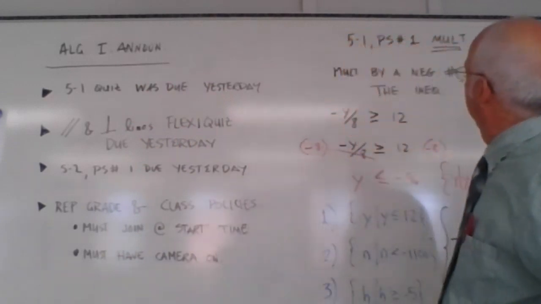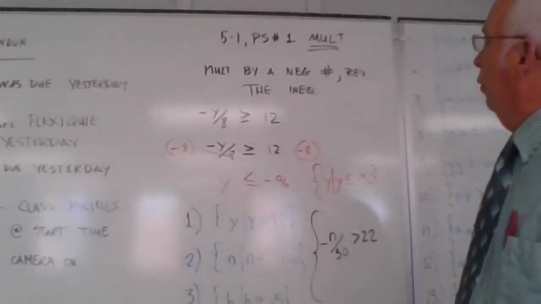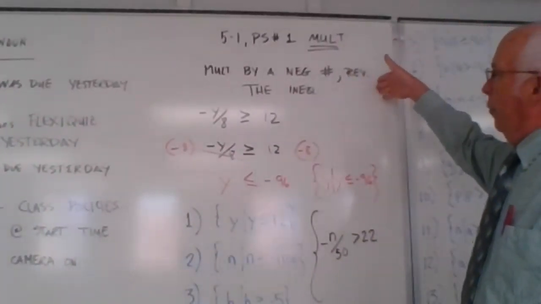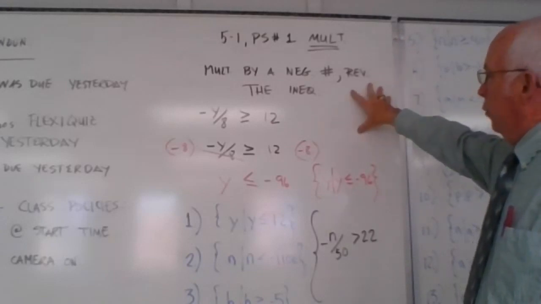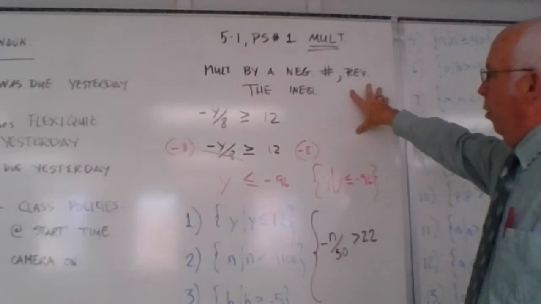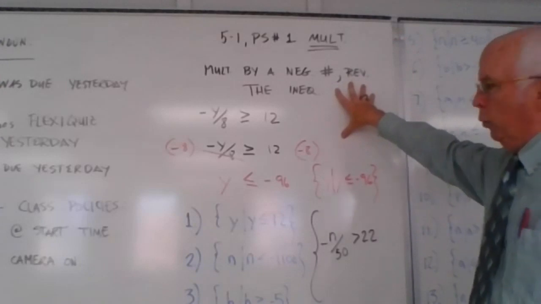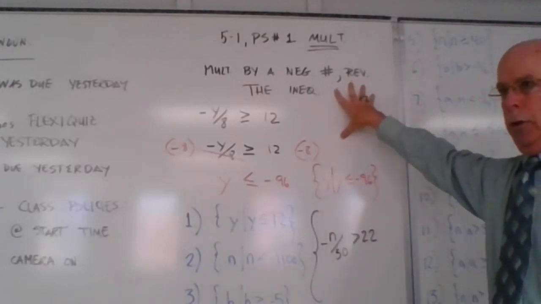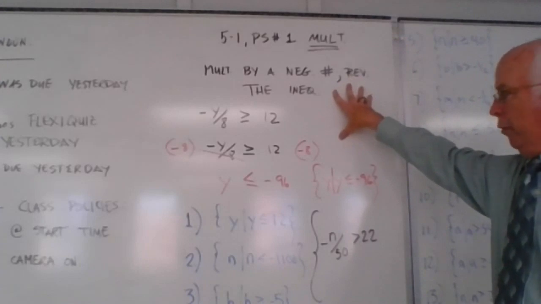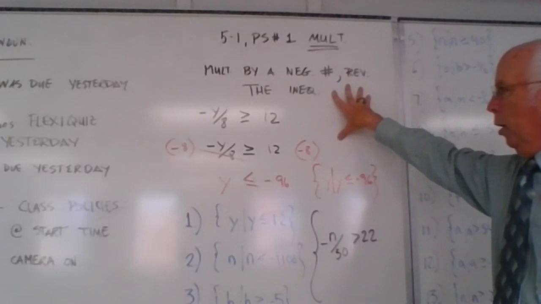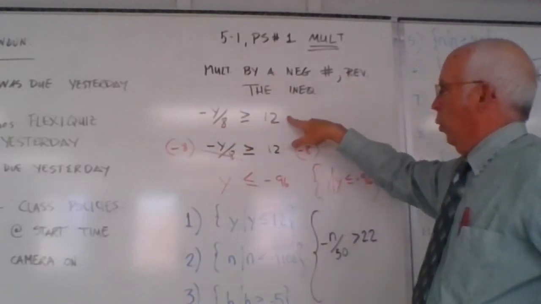I think that brings us up to date. I may have started just doing a quick little review of 5-1 problem set 1 from Tuesday, which was solving inequalities by multiplication. The big new or different thing was that if I have to multiply by a negative number to solve the inequality, I reverse the direction of the inequality, as in this example: negative y over 8 is greater than or equal to 12.